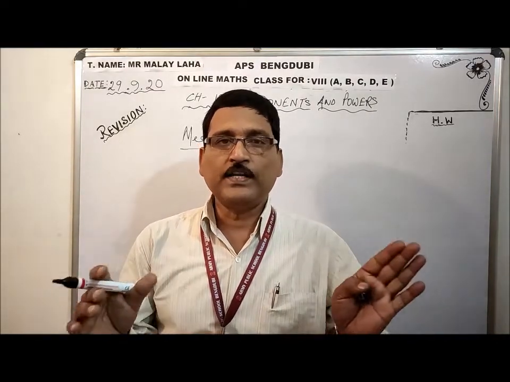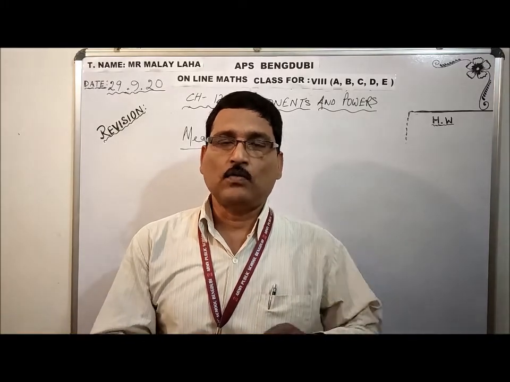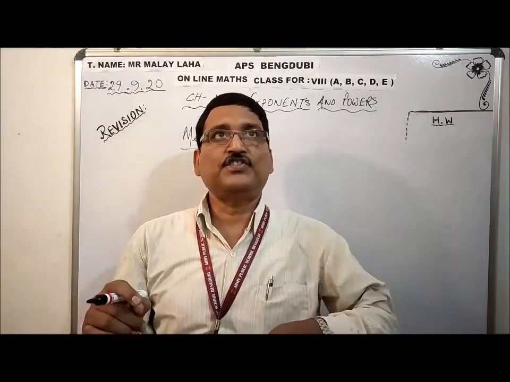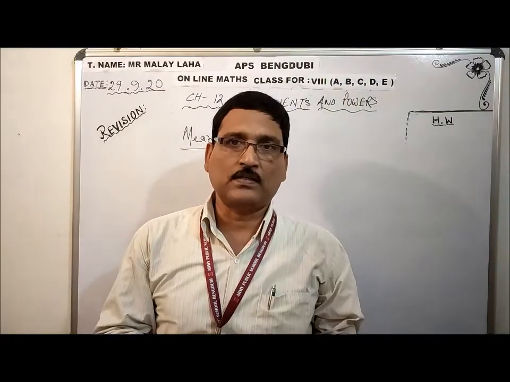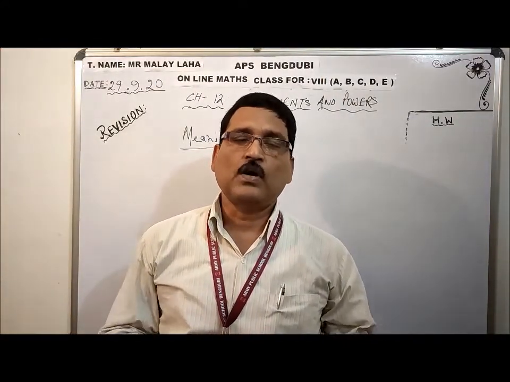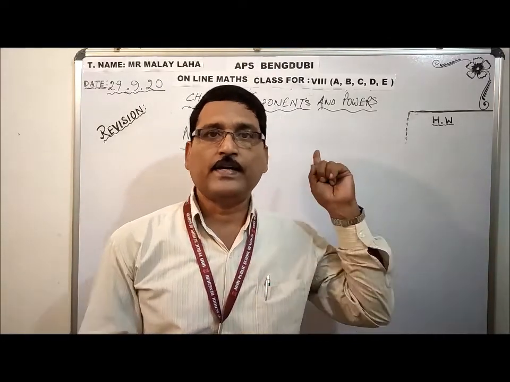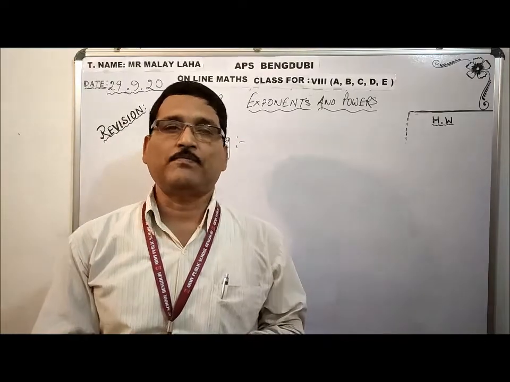So how can I express this number? And when a number is very big, say the distance between the sun and earth is 16 kilometer. So how can I write or express it in a very short form? That time we use exponent and power.